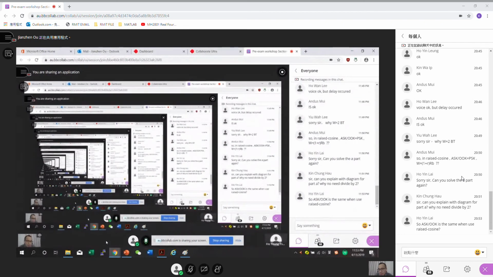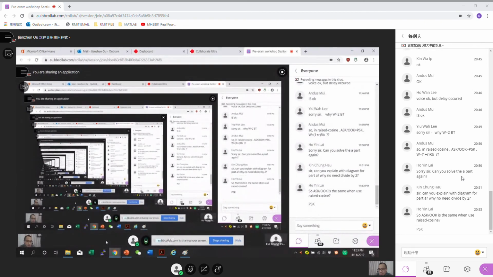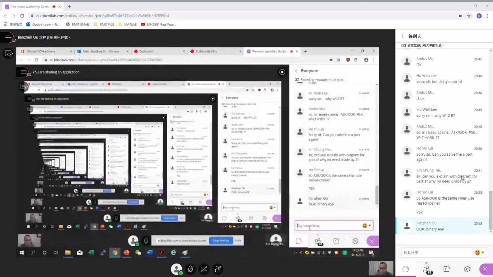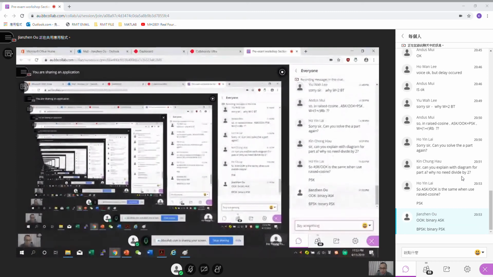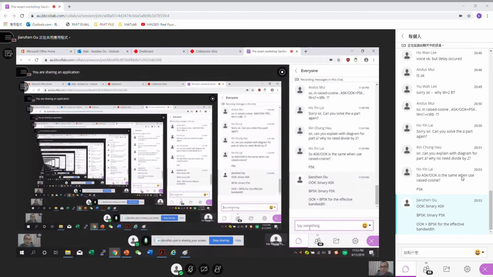Yeah, ASK and OOK are the same when using the raised cosine, as for BPSK. OOK is a binary ASK, and BPSK is a binary PSK.